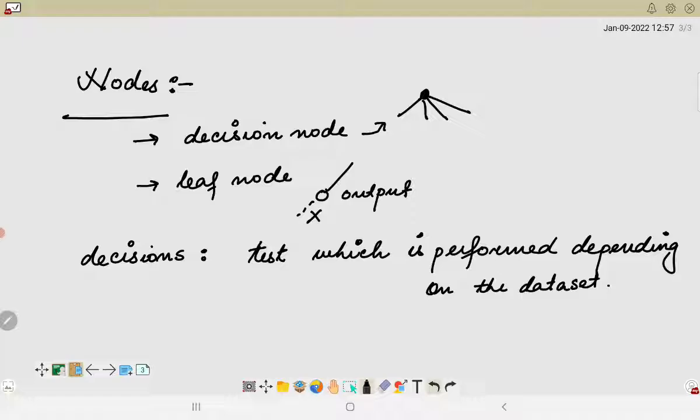Also, a decision tree is a graphical representation for getting all the possible solutions to a problem or decision based on some given conditions.